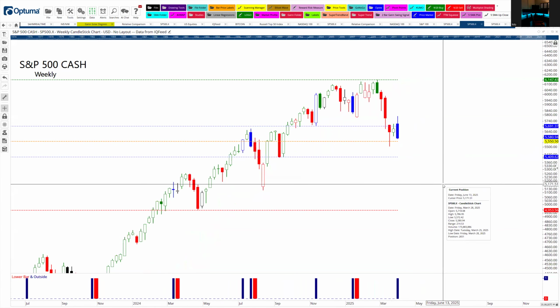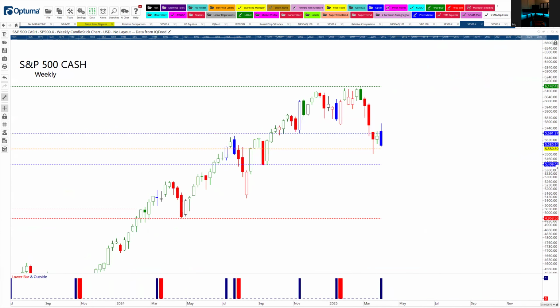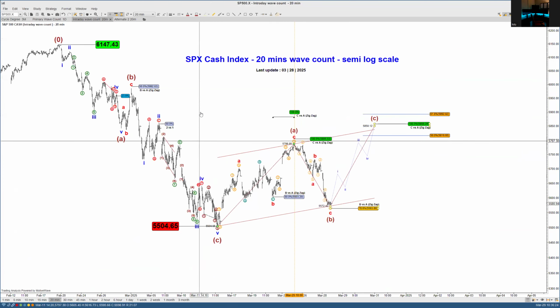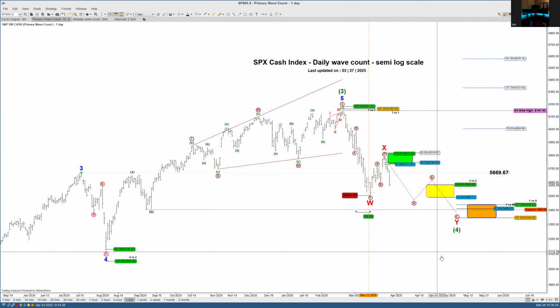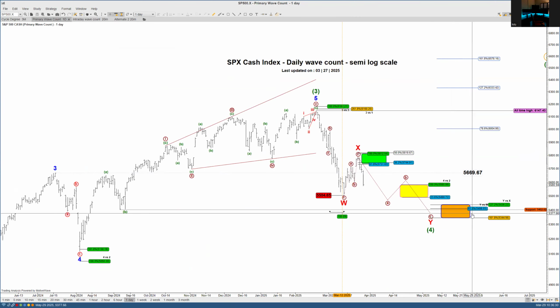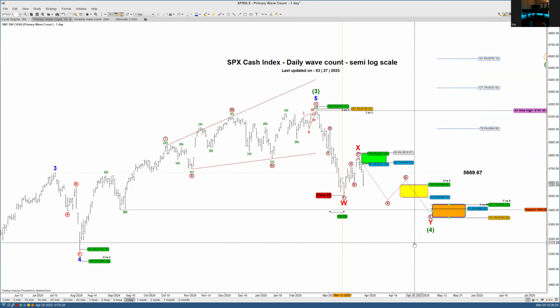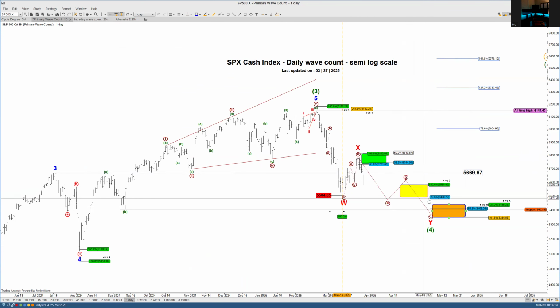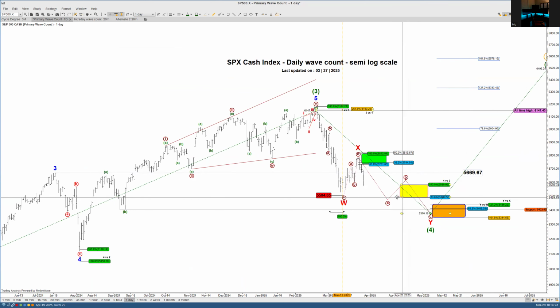Yeah, and that also matches your wave Y. This zone right there is where we got the bounce, because I have to extend it so you can see it better.